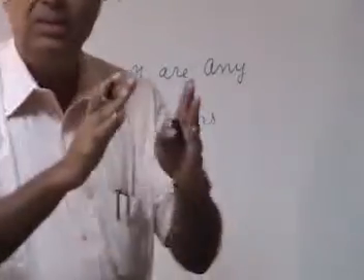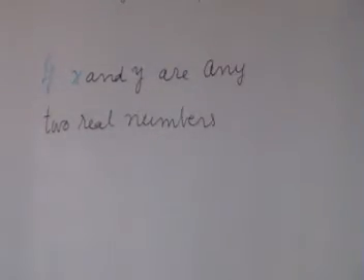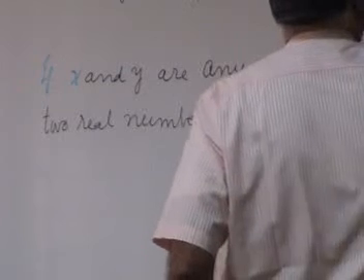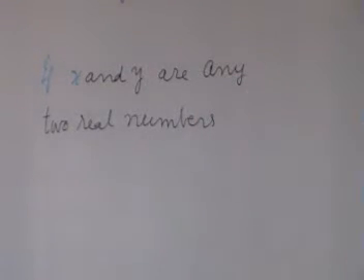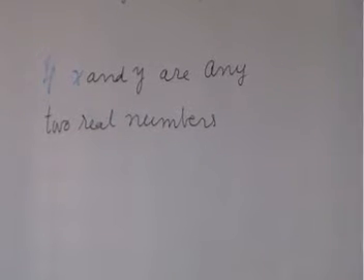We have the notion of the distance between those two points. Suppose x is here and y is here, and the distance is y minus x. And if y is here, x is here, the distance is x minus y.